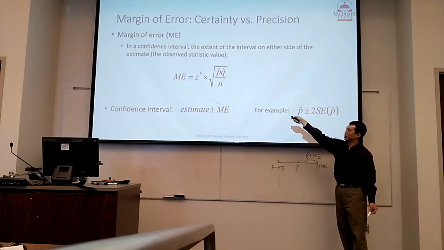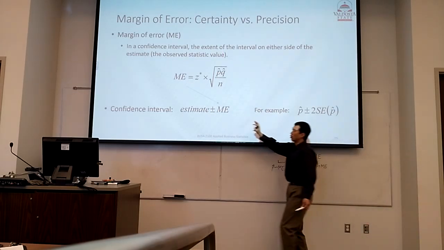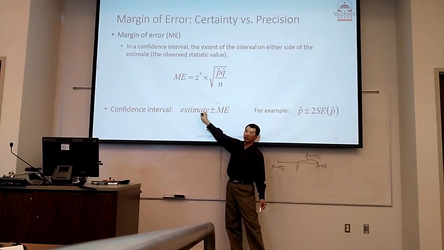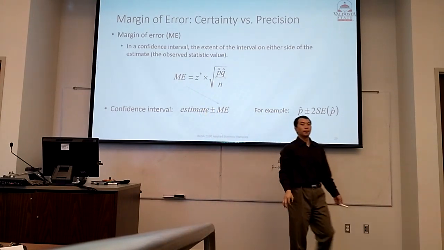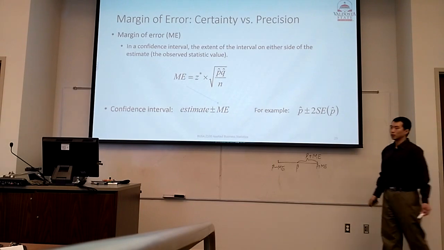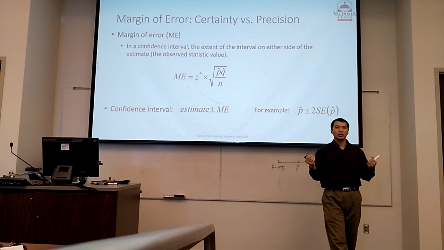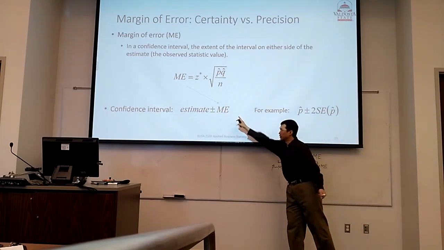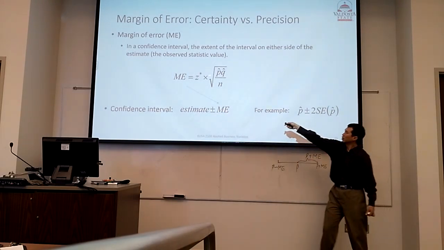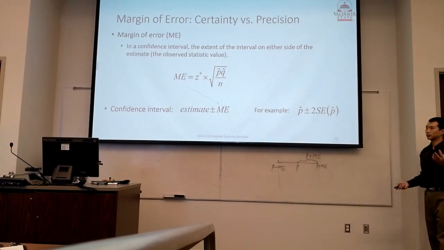So this formula you need to remember, and this formula you also need to remember. Now we know what it means by margin of error, but we don't know the critical value. So what is the critical value?